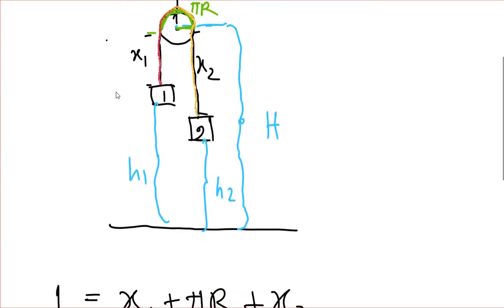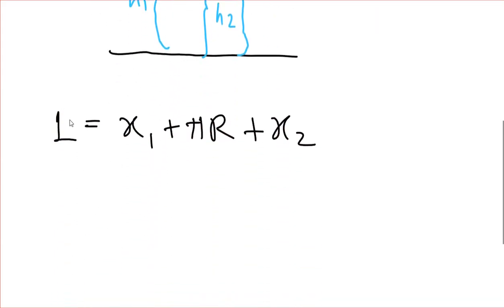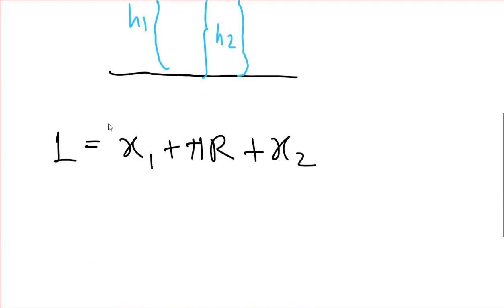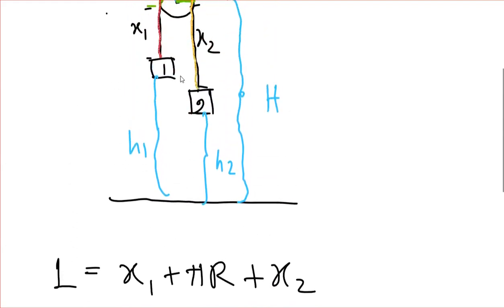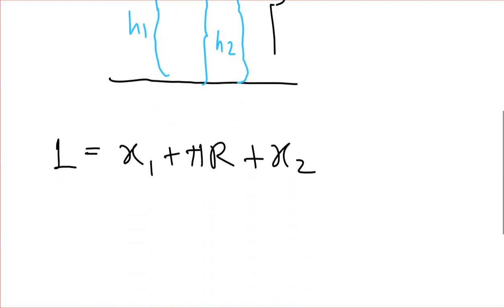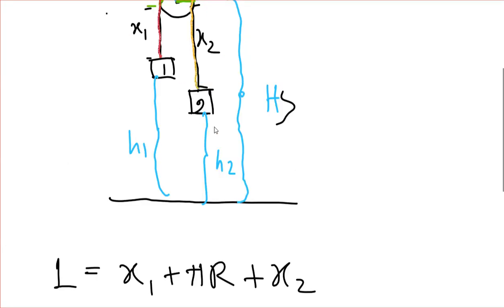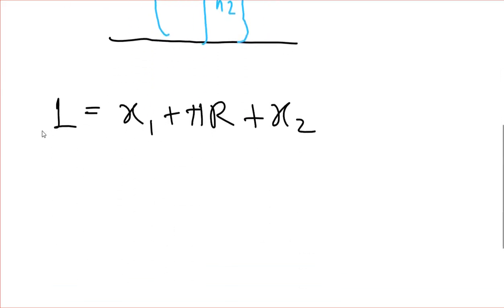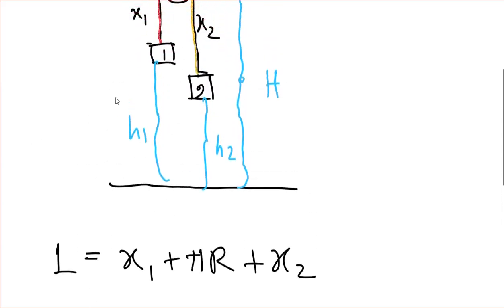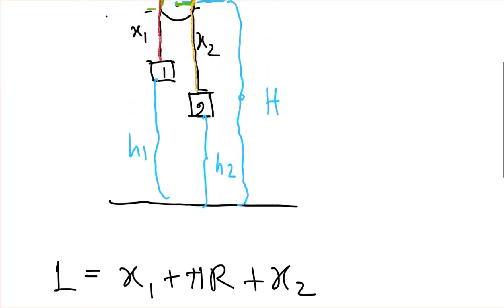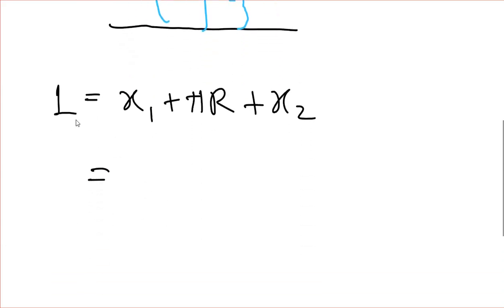So if we replace x1 and x2 with h, what will it be? Now we are going to write the value of x in the form of h. So what will be x1? x1 will be the total height capital H minus small h1.